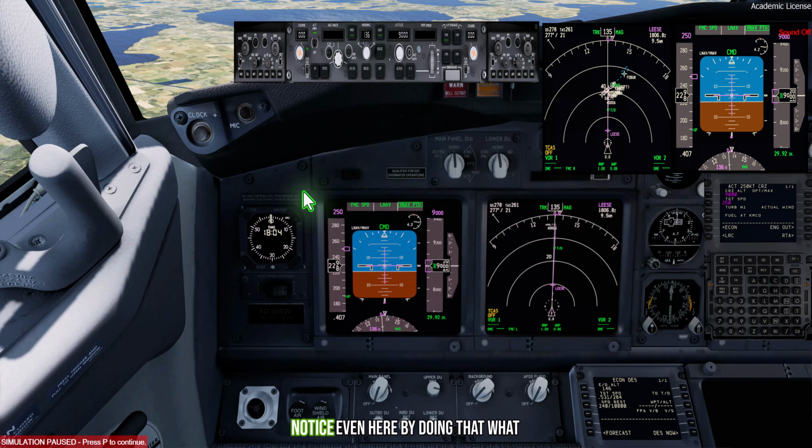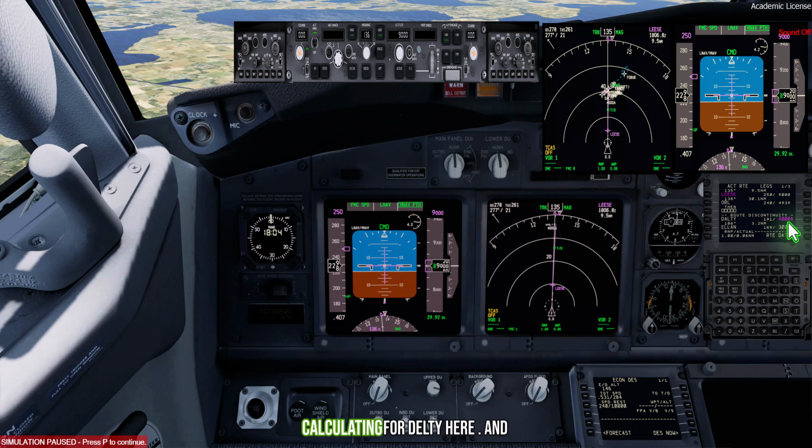And notice, by doing that, instead of having VNAV out, now we've got VNAV path. The aircraft is really set up to descend to the waypoint restriction that it is calculating for Delta here.